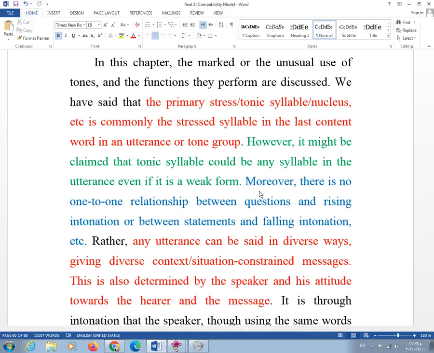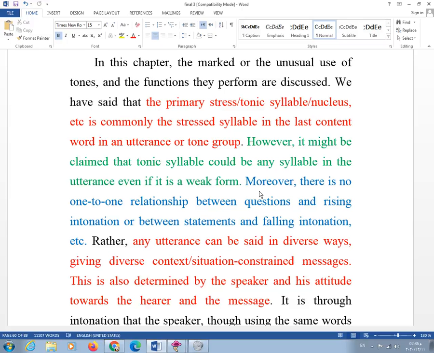No, any word in a chunk or in a tone group or in an utterance, short utterances, can be a tonic syllable, can be important, can give the most important piece of information, can give most of the meaning of the utterance, if the context dictates that, if the context says this is the most important one.